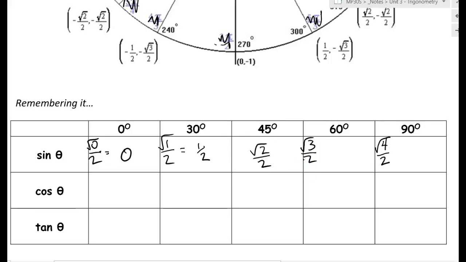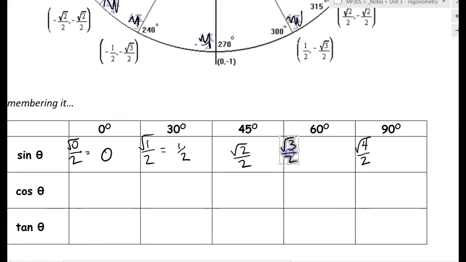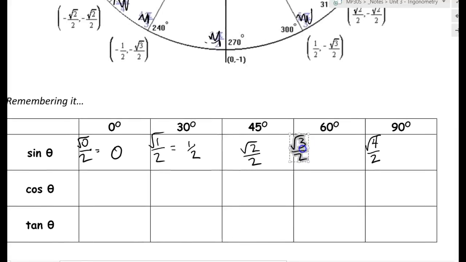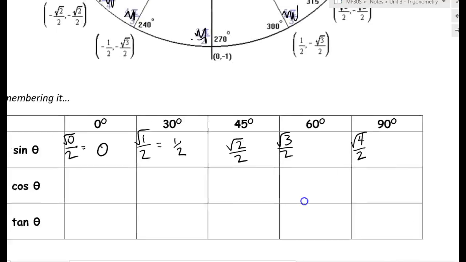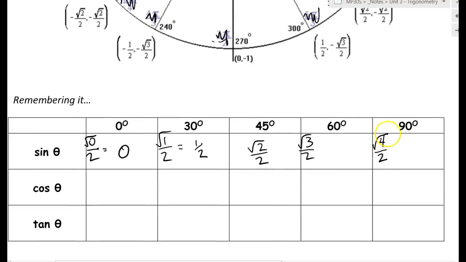Okay, same thing happens here. Root 3, I can't take the square root of 3, so I'm just going to move it over. And finally, the square root of 4 is 2. 2 divided by itself is 1.